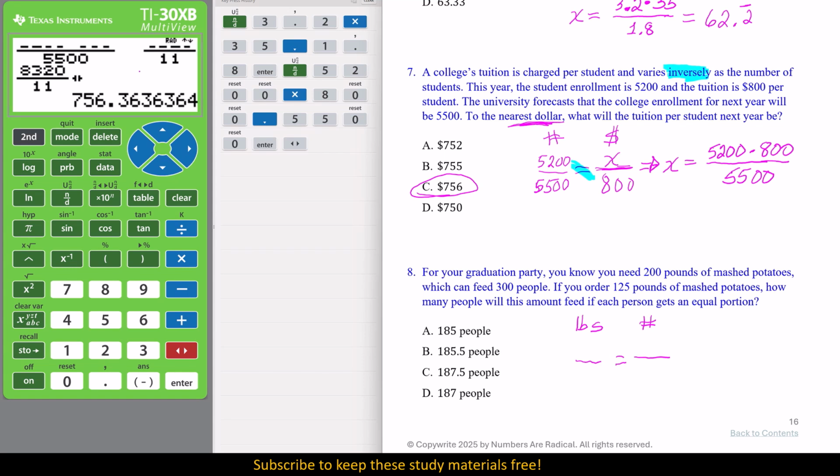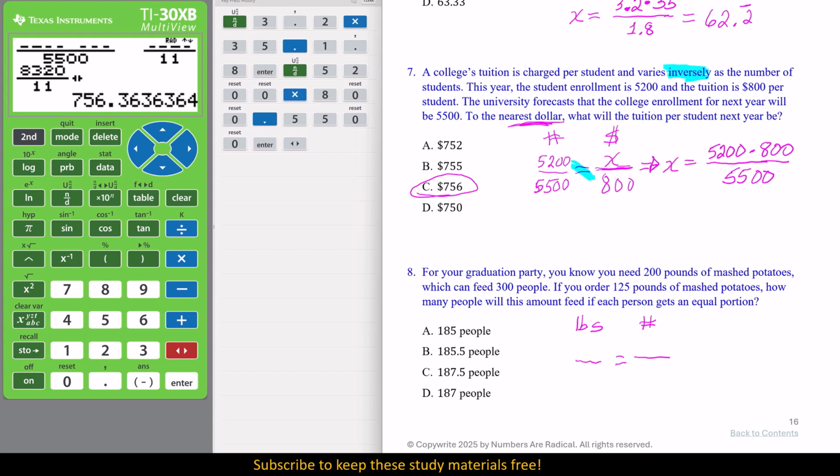Oh, they're not telling us. Goodness. Okay. We have to make some executive decisions here. Are they inverse or do they vary inversely or directly? Well, my thought is it's direct.